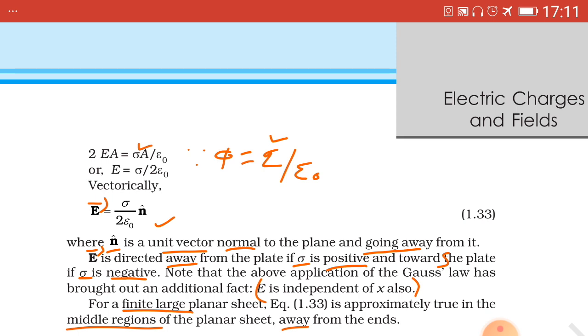Conclusion is, for a finite large planar sheet, this equation, that is the answer above in 1.33, is approximately true only in the middle regions, away from the ends.